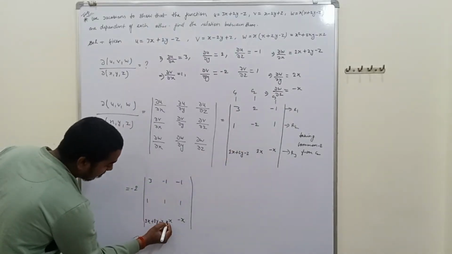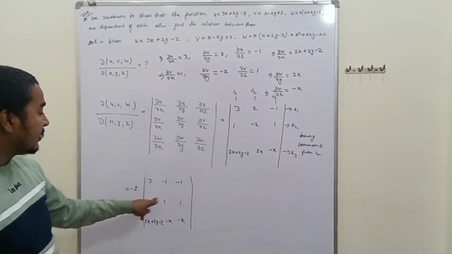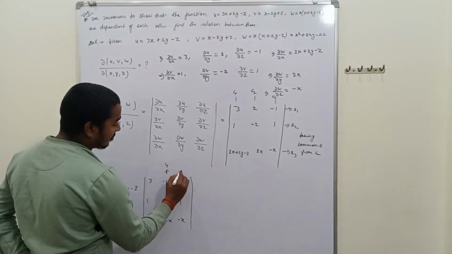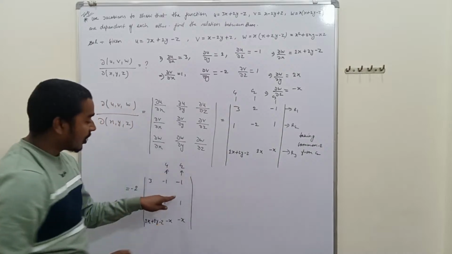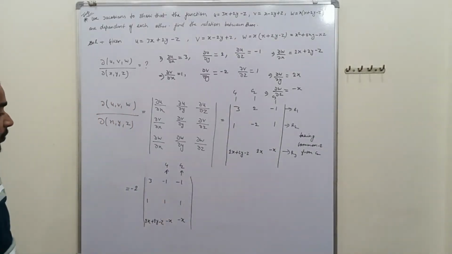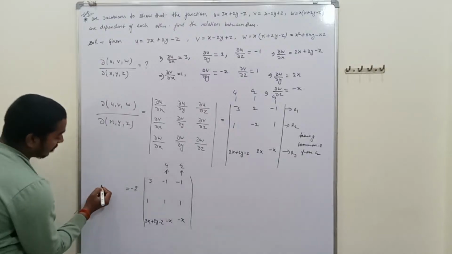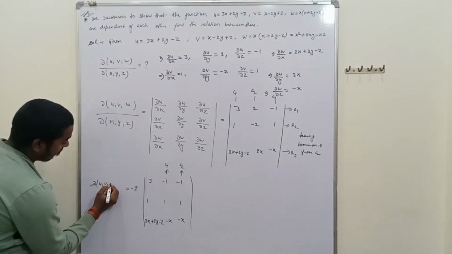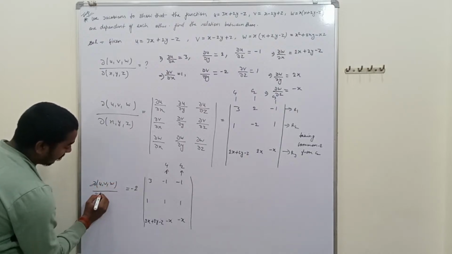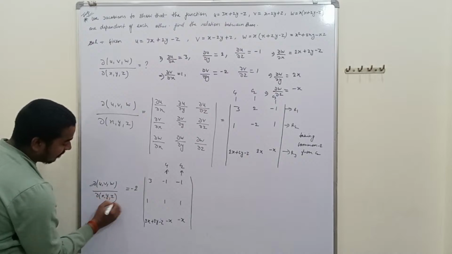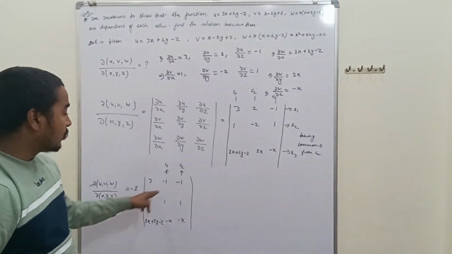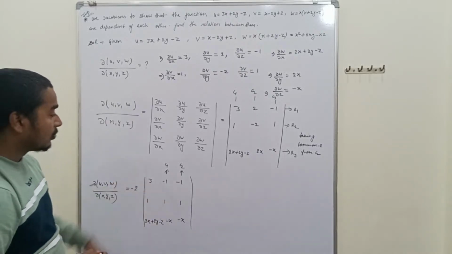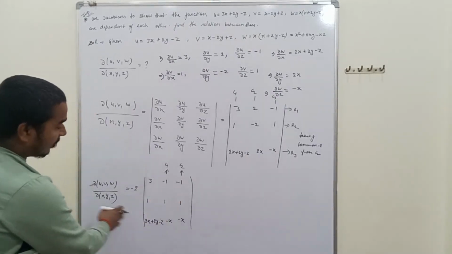In the given determinant two columns, C1 and C2, are identical and the same, so the value of the Jacobian, del of u comma v comma w upon del of x comma y comma z, is 0. We can also get the 0 by further solving.